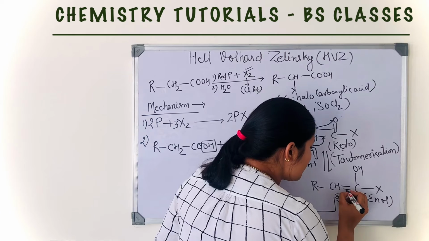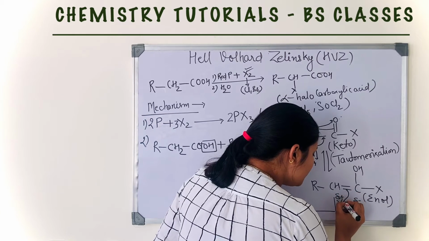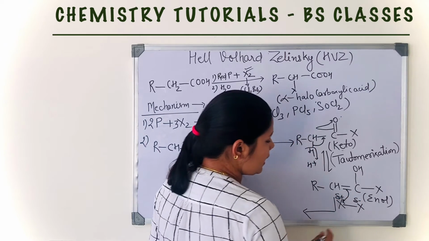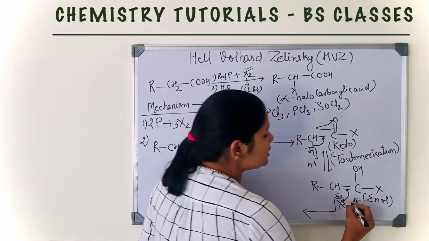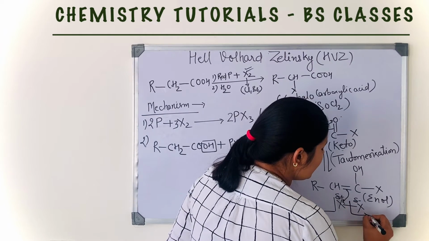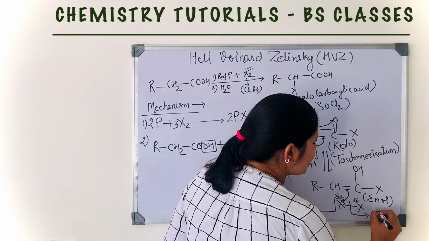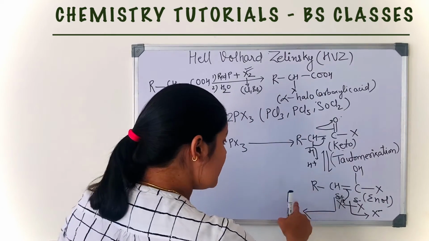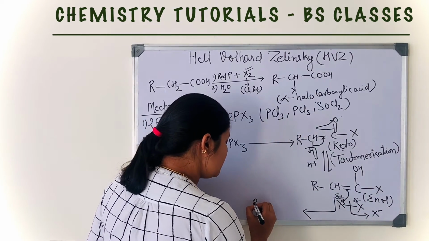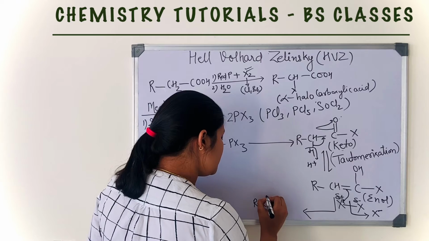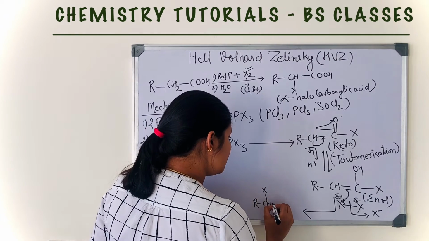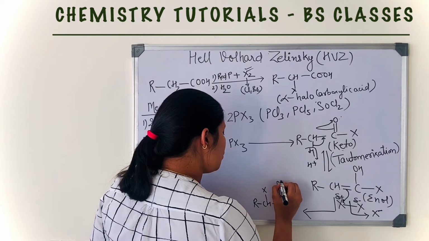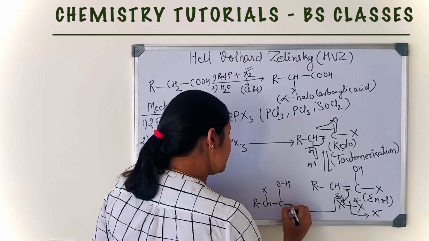So this pi bond shifted between the carbon and halogen, and this halogen takes electron and leaves in the form of X minus, and here forms RCHX, COH and X.